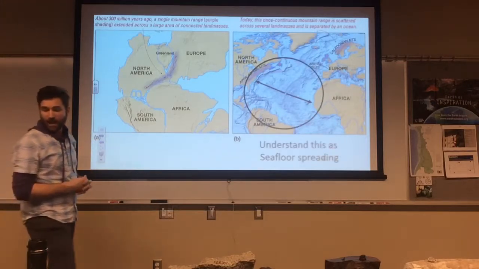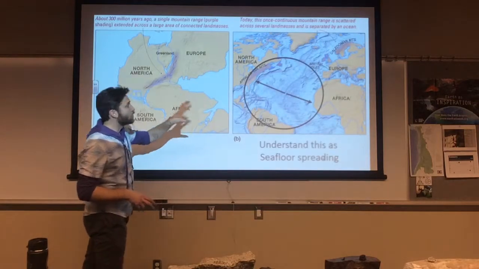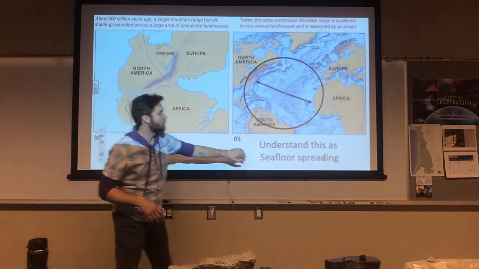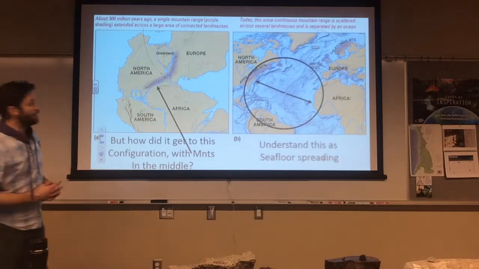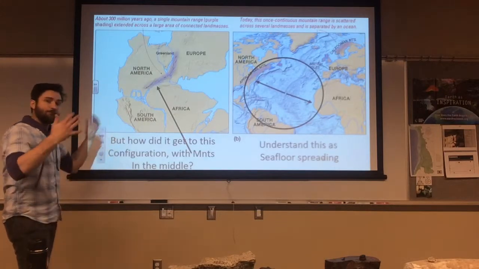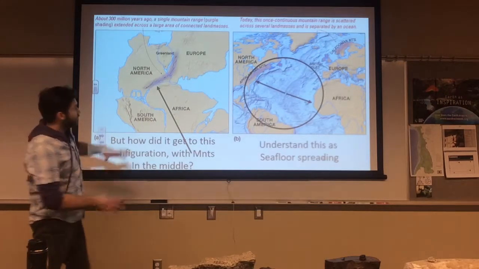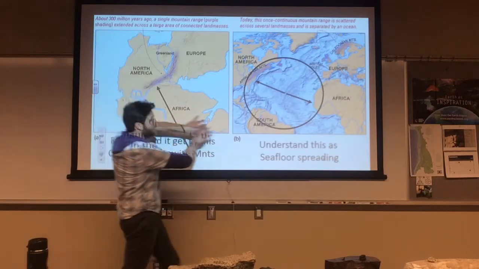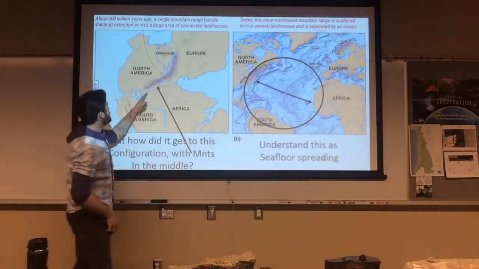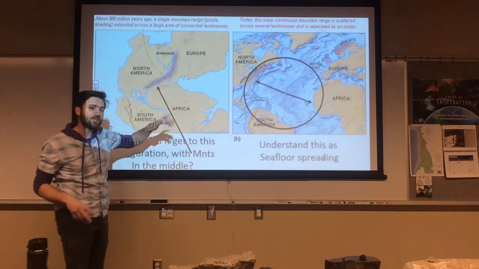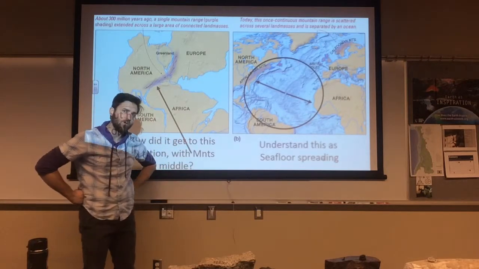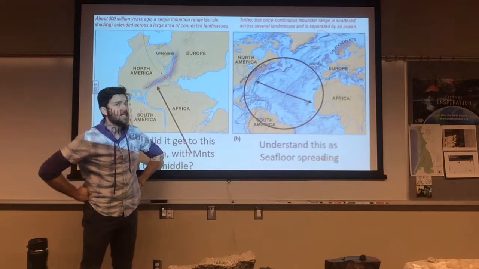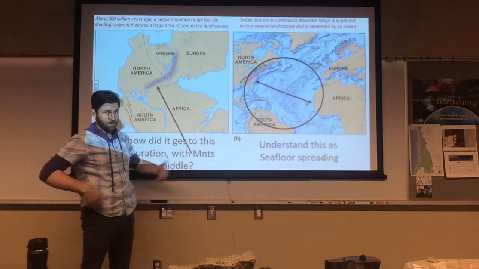Now I want to look a little bit closer at some of these processes. Remember, this is the process of seafloor spreading, and I want to take a step back. So here's that supercontinent. Here it's rifted apart, but there's a mountain range here. Remember, Alfred Wegener looked at that and he said, hey, I think the Appalachian mountain range and the Caledonian mountain range might be connected if that was a supercontinent, right?